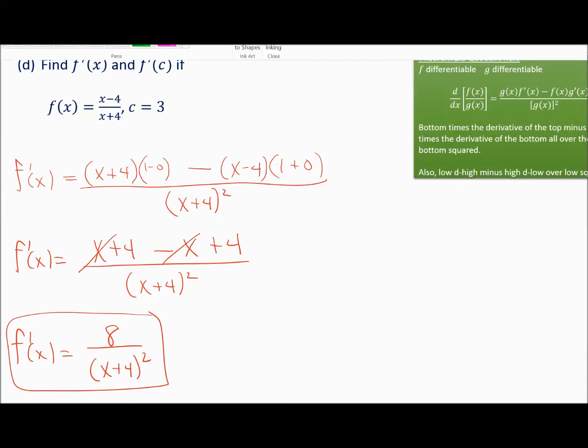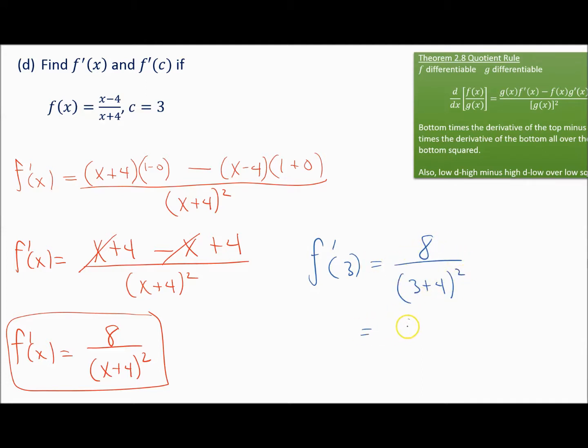Now it asks us to find f prime of c. That's no problem. All we had to do is plug 3 in for my x value in the derivative. So f prime of 3 is equal to 8 over 3 plus 4 squared, which is 8 over 7 squared, which is 8 over 49. Make sure your fractions are in lowest terms, and that is.